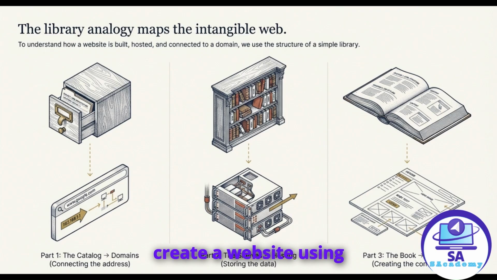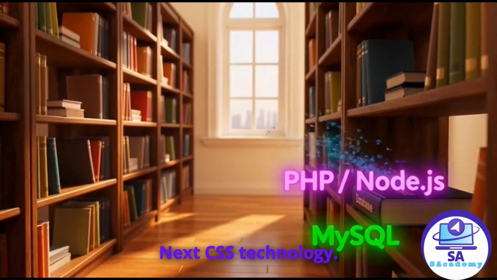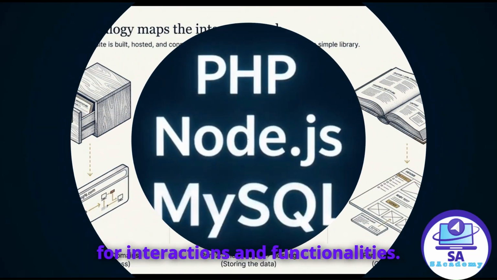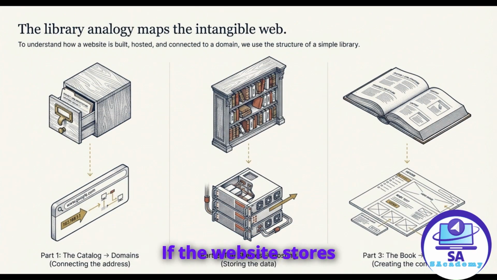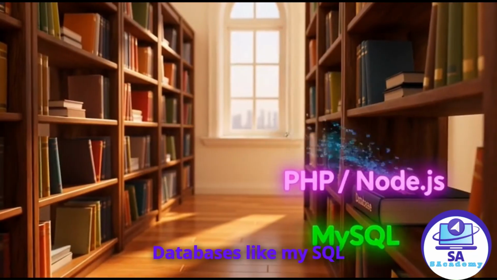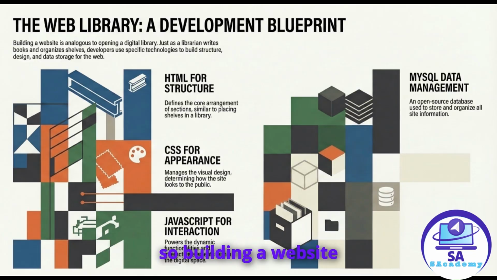Developers create a website using technologies like HTML for structure of the website, next CSS for design and appearance of the website, JavaScript for interactions and functionalities. If the website stores data, then we will be using backend languages like PHP or Node.js, and also databases like MySQL, which is open source. So, building a website is like writing and organizing books in a library.